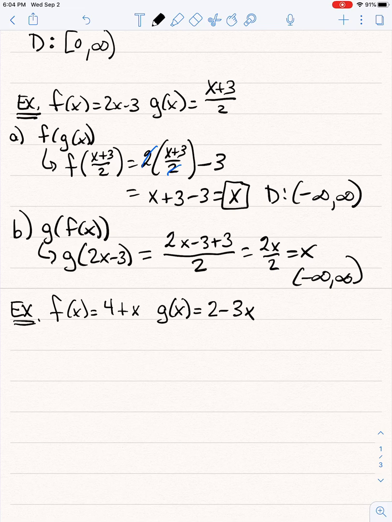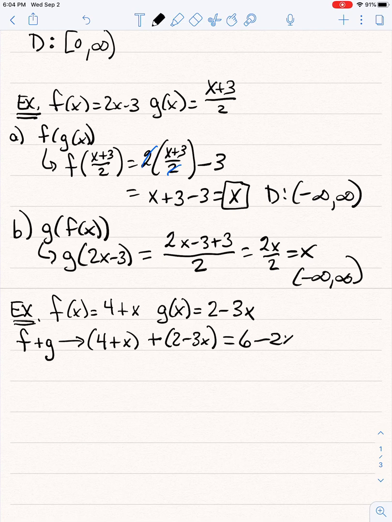Suppose we have a problem that says do f plus g. We can just do some polynomial addition: 4 plus x, added to 2 minus 3x. If you go through and add like terms, we have 6 minus 2x. That's all you get.